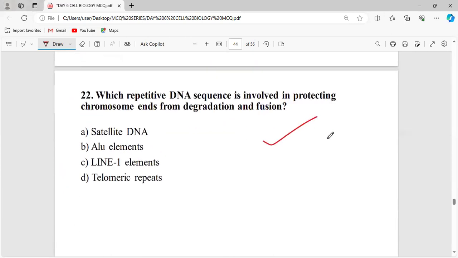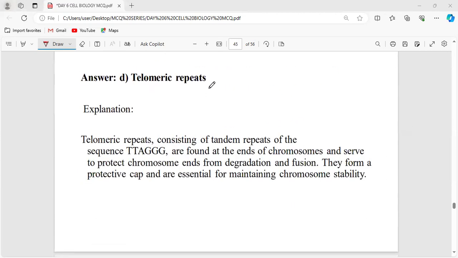And which repetitive DNA sequence is involved in protecting chromosome ends from degradation and fusion? The most important question. Okay, telomeric repeats, because it is the one maintaining the length of the DNA.